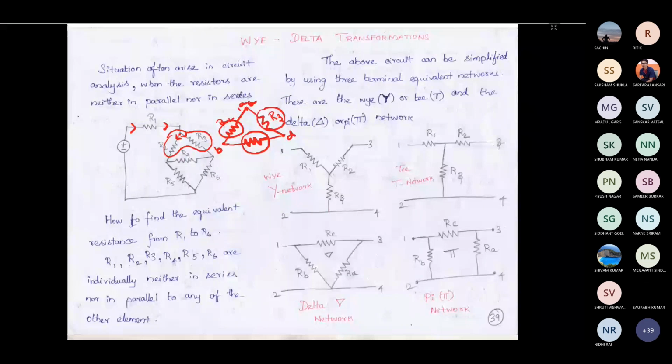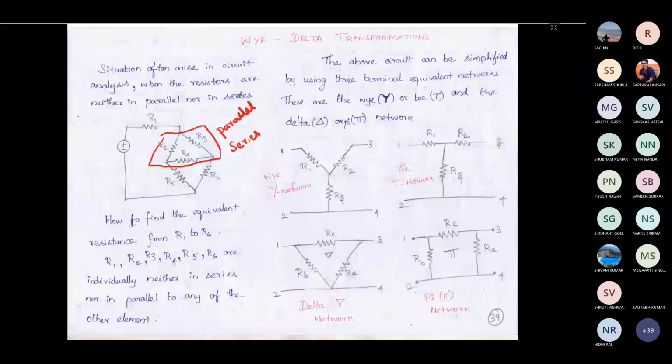We cannot directly solve it by finding the parallel and series equivalent elements. In this kind of circuit, you cannot use the series or parallel resistance concept to reduce the circuit and find the current.